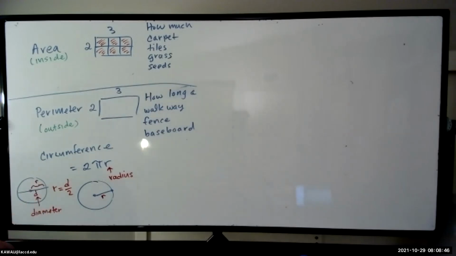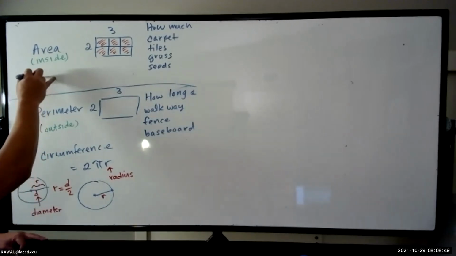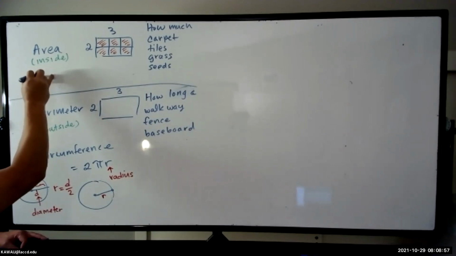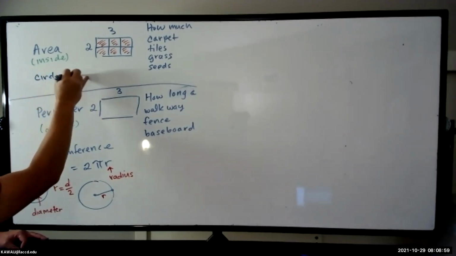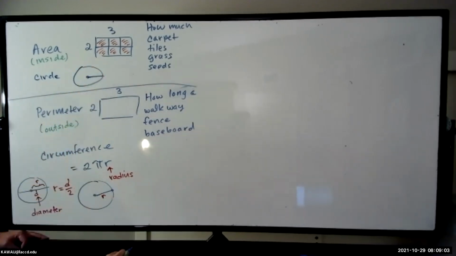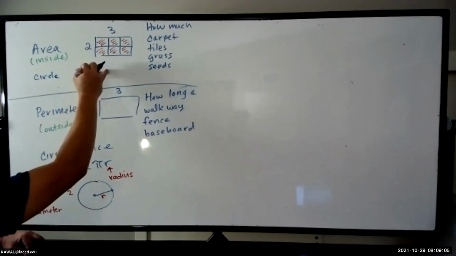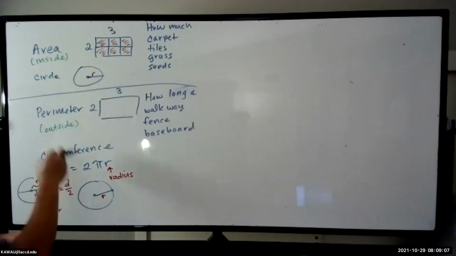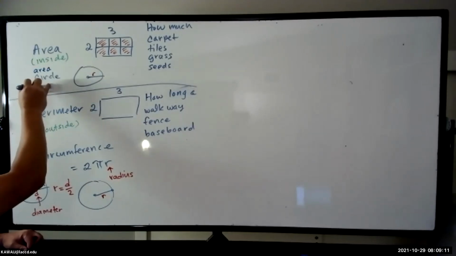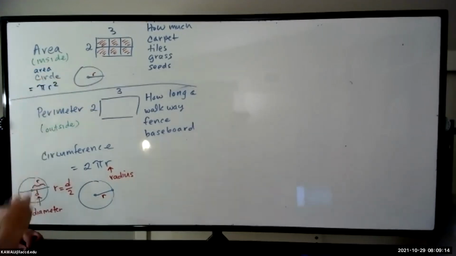And if we wanted to look at the area of a circle, then let's see. Okay. So we're going to use the same R. Area is equal to pi R squared.